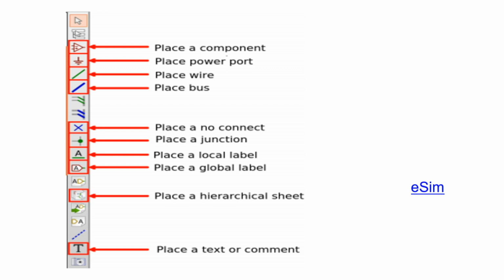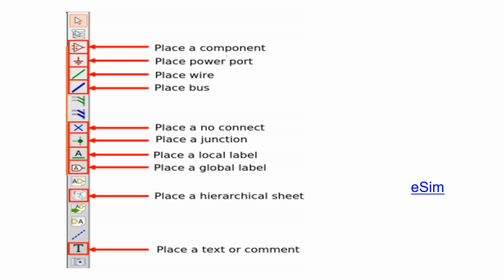Next, if you want to place a power port, we have a place power port icon. If you would like to connect the components placed in the editor window, it can be done through place wire. Two components or any components could be connected to each other using this important place wire icon. Then if you want to place a bus, you have to go with place bus.